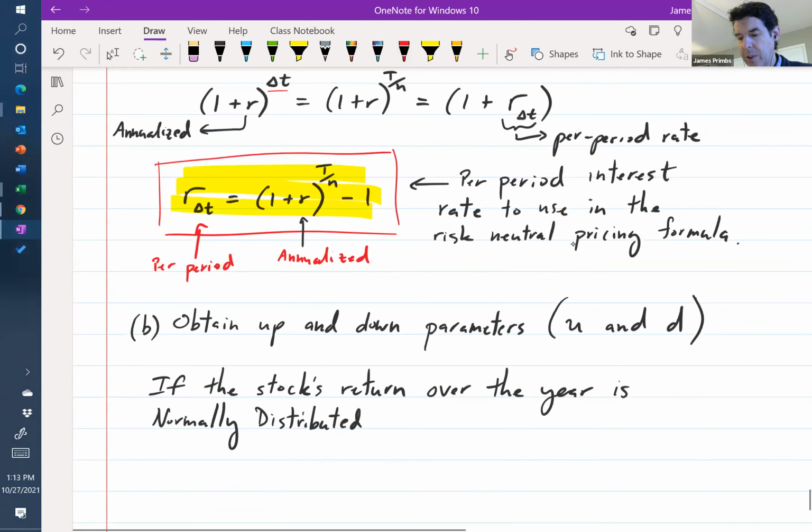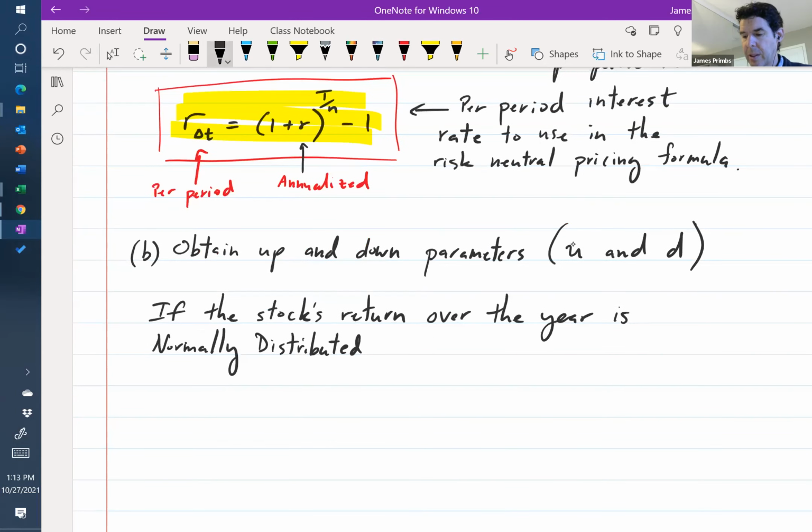As long as we're assuming that that's our model, if the stock's return over the year is normally distributed, then U and D should be chosen to reflect that distribution.